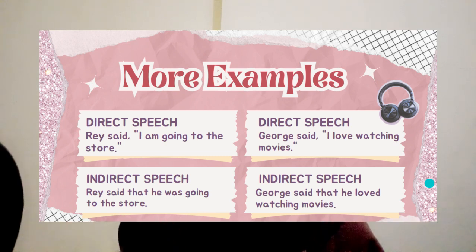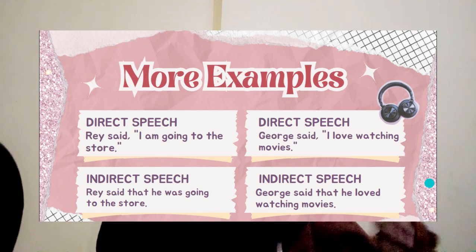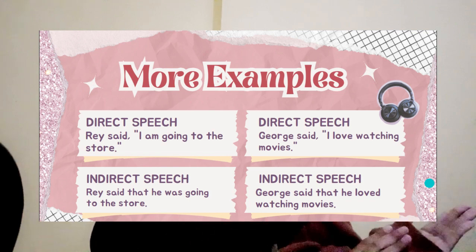And in indirect speech, George said that he loved watching movies. Said that he loved watching movies. So the differences are quotation marks, using pronouns, and using past tense.